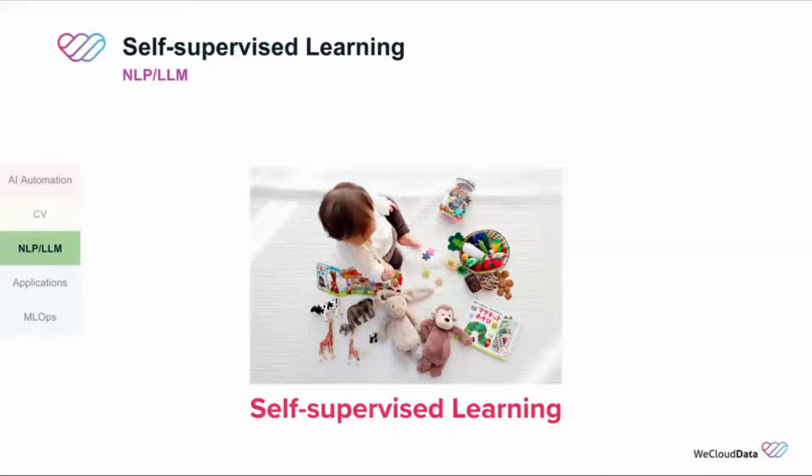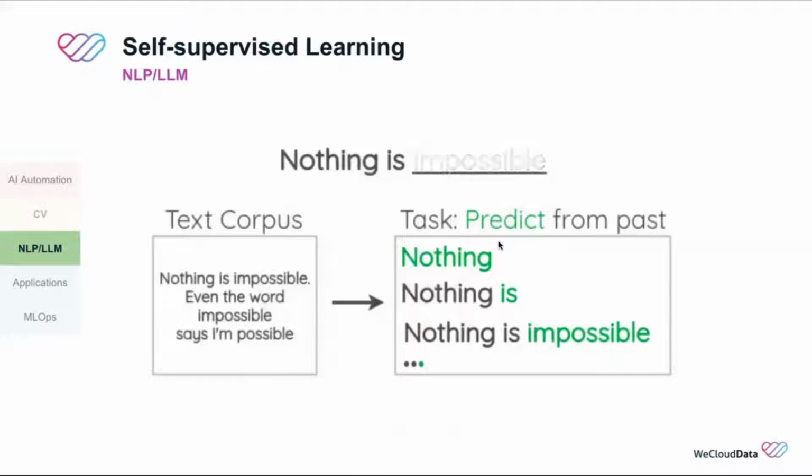If they try to walk a little bit fast and couldn't hold on to something, they fall and it's painful, they cry and learn from that. But you don't put them in a classroom and say this is the proper way of walking and running. They can barely read, right? So self-supervised learning is inspired by that.